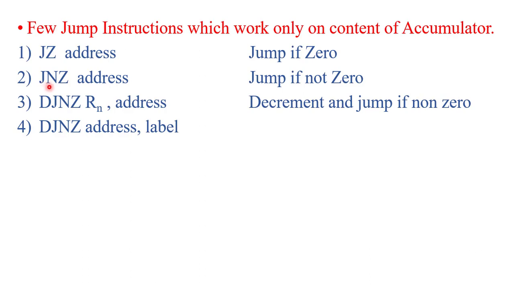Next is JNZ address. This instruction tells that jump if not zero. It checks the content of the accumulator, and if A is not equal to 0, then the program counter jumps to the new memory location and is loaded with the new address. Otherwise, it continues the normal operation.